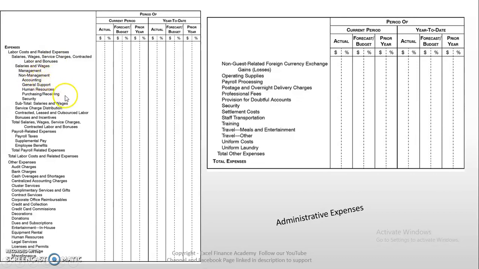Non-management is further divided into accounting, general support, human resources, purchasing, security, and other components. And then the other expenses are here, which are audit, bank charges, donations. For the individual meanings of these, I will attach the definitions. You can refer to them there, or otherwise you can take up my next courses.